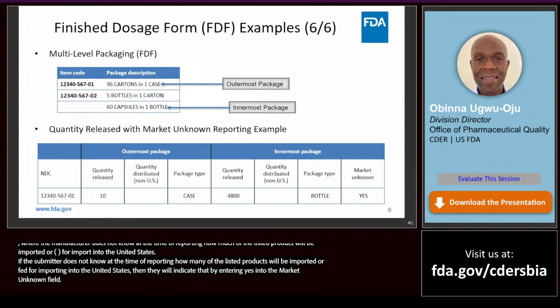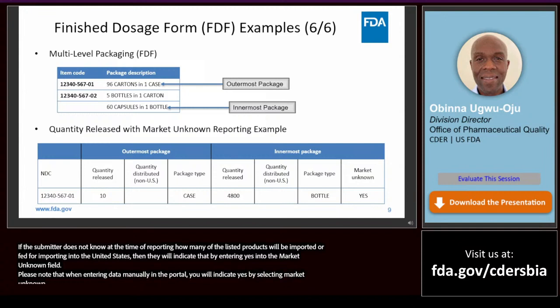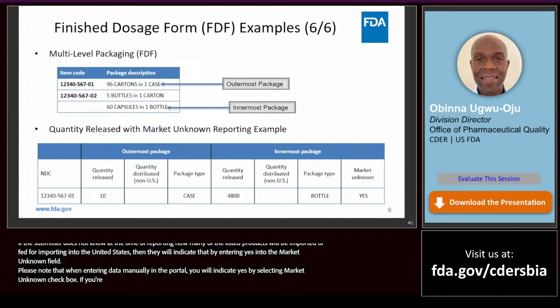Please note that when entering data manually in the portal, you will indicate yes by selecting the market unknown checkbox. If you're preparing a CSV file for upload, you'll enter the text yes in the market unknown column in the CSV file.